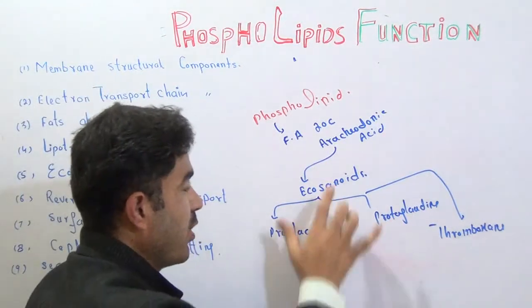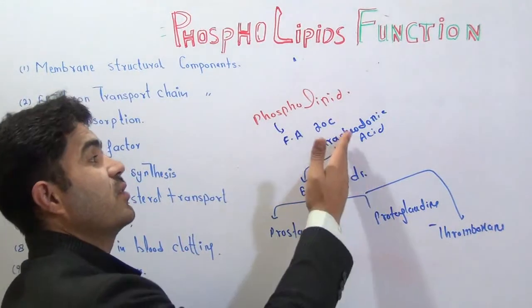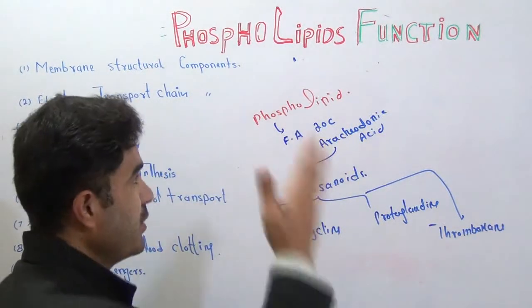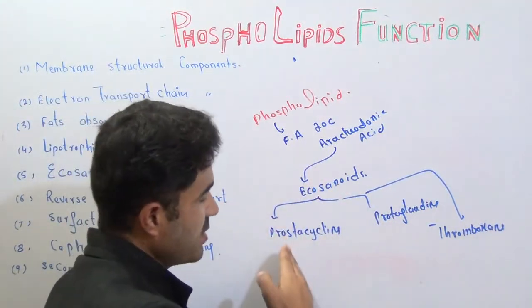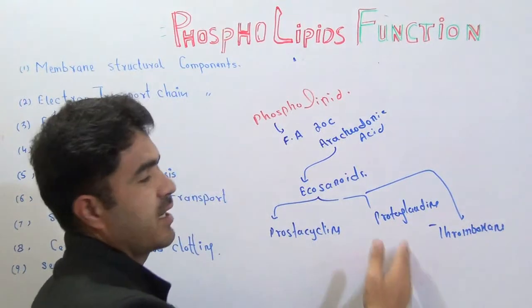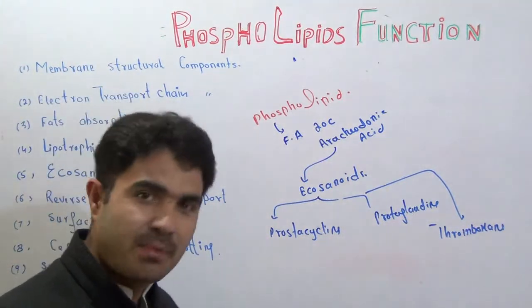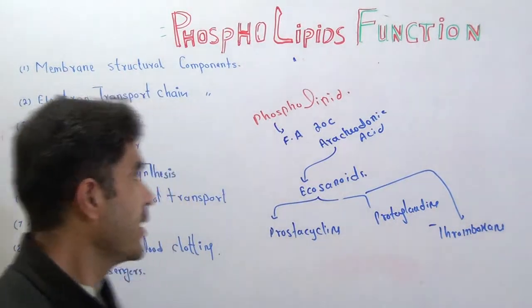So these three belong to eicosanoids, and eicosanoids come from arachidonic acid, and arachidonic acid comes from the phospholipid. So once again credit goes to the phospholipid. If there is no phospholipid, there will be no eicosanoid. No eicosanoid means no prostaglandin, prostacyclin, thromboxane. So there will be no reaction mechanism of your body that fights with inflammation.